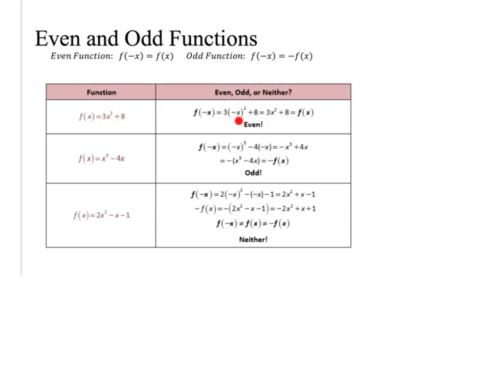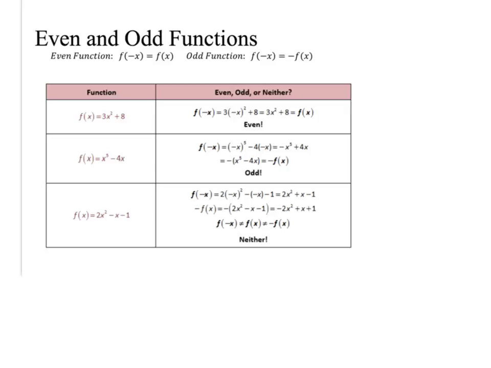So 3 times negative x squared gives us 3x squared. Here the negative gets canceled out because we are squaring it. So we get 3x squared plus 8 as the answer when we substitute negative x in for x.